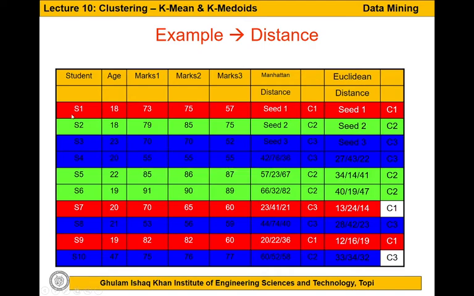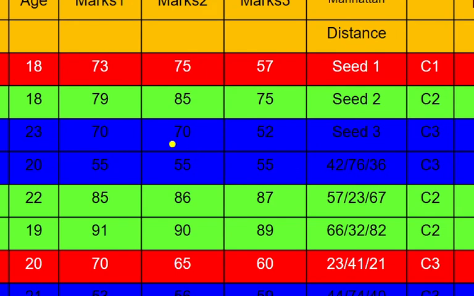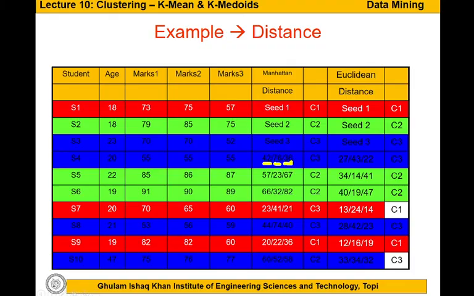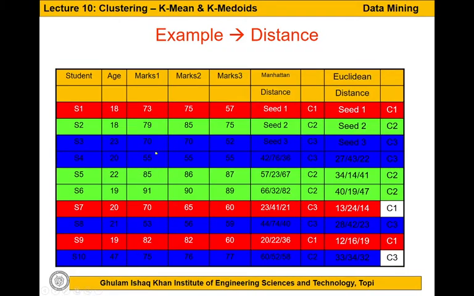The first number shows the distance of S4 from S1, the second number shows the distance of S4 from S2, and the third number shows the distance of S4 from S3. The minimum distance is 36, which means S4 is closest to cluster 3, the blue cluster. That is why we assign this record to cluster 3.